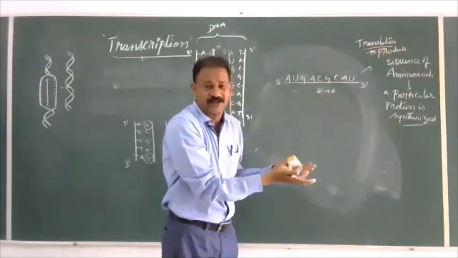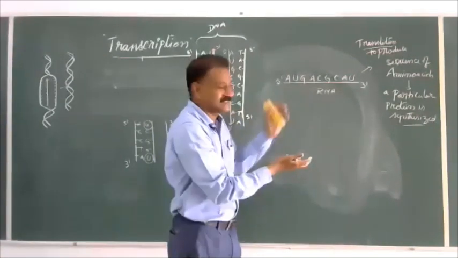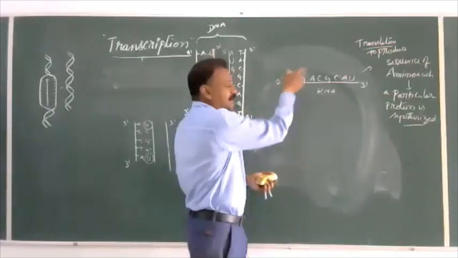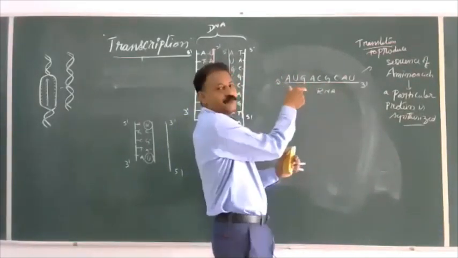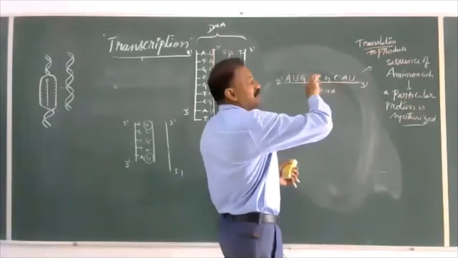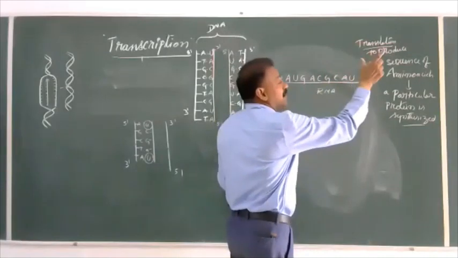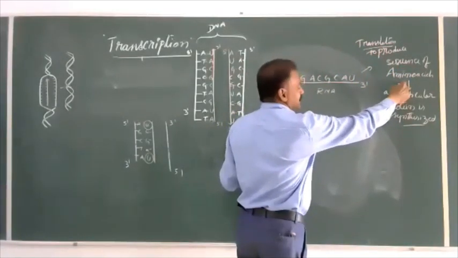AUG has no meaning for a normal human being. What is AUG? Only English letters are there. But it has a meaning. That is called translation. This coded information is translated into a normal, easily understandable sequence of amino acids.